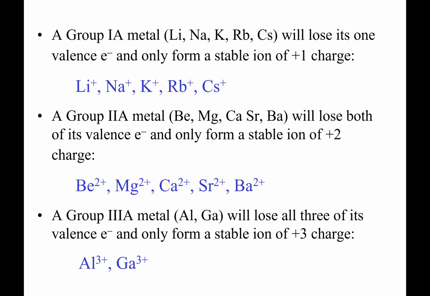These guys, like I said, can form multiple oxidation states, multiple different cationic forms. So in tomorrow's lab, they're actually going to be our second tier. I'm going to have to tell you which one we're dealing with for the metals.